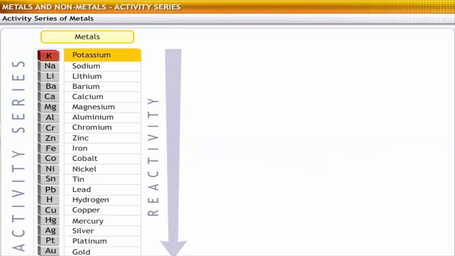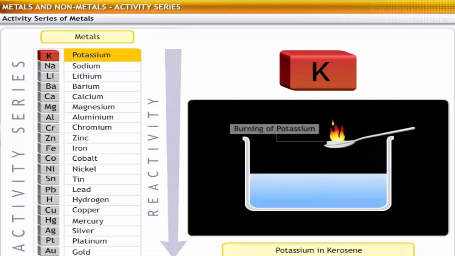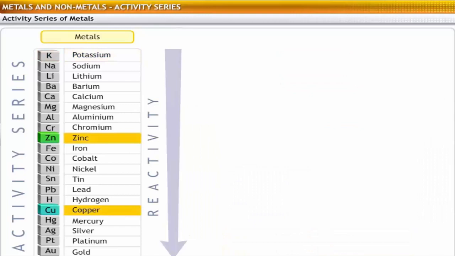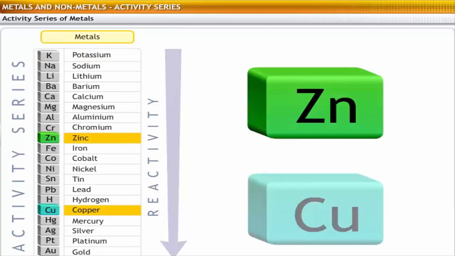For example, potassium at the top of the series is the most reactive among all the elements in the series. For any two metals in the series, the metal placed higher in the series can displace the other metal from its salt solution.